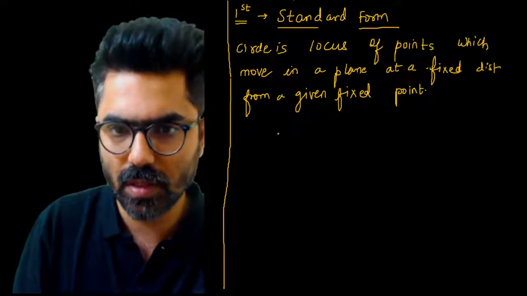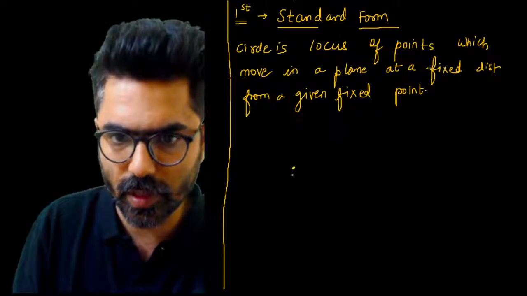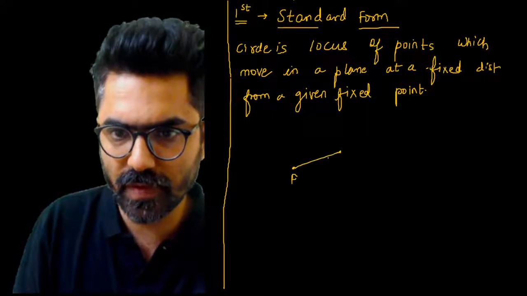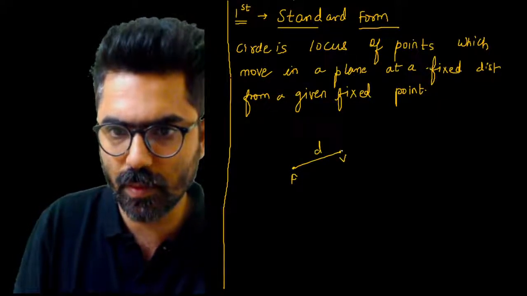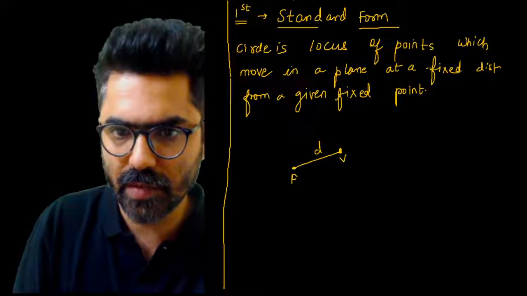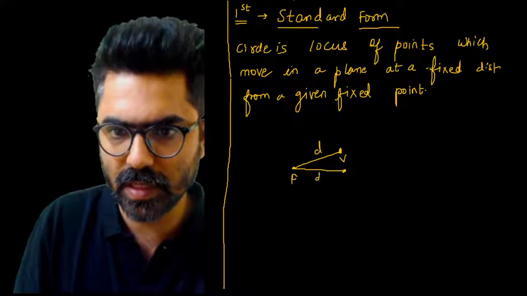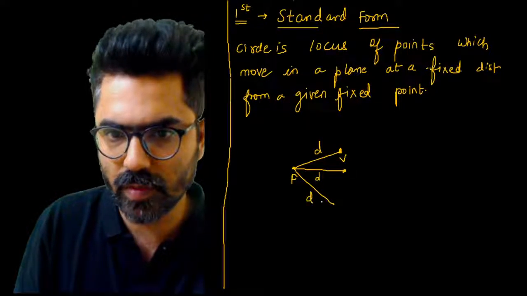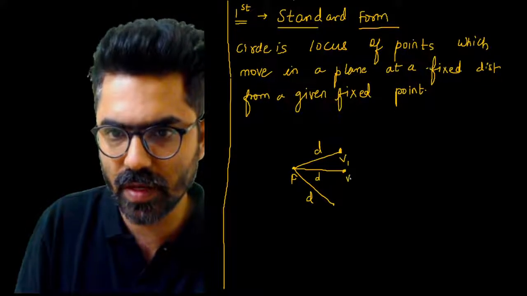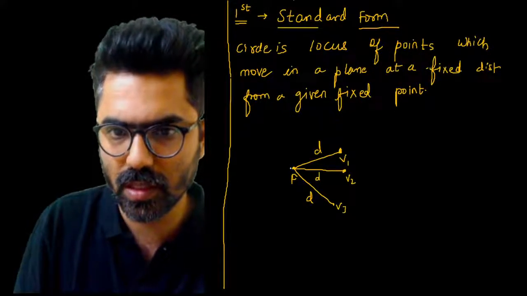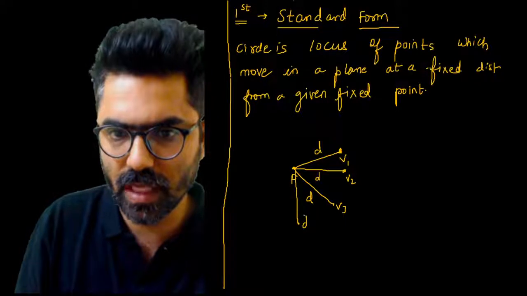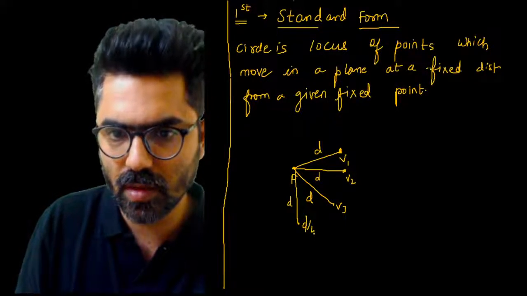Okay, for example, this is a fixed point and it moves at a fixed distance. This is a variable point. There might be other points also which are at the same distance. Variable 1, variable 2, variable 3, like that. Same distance, variable 4.